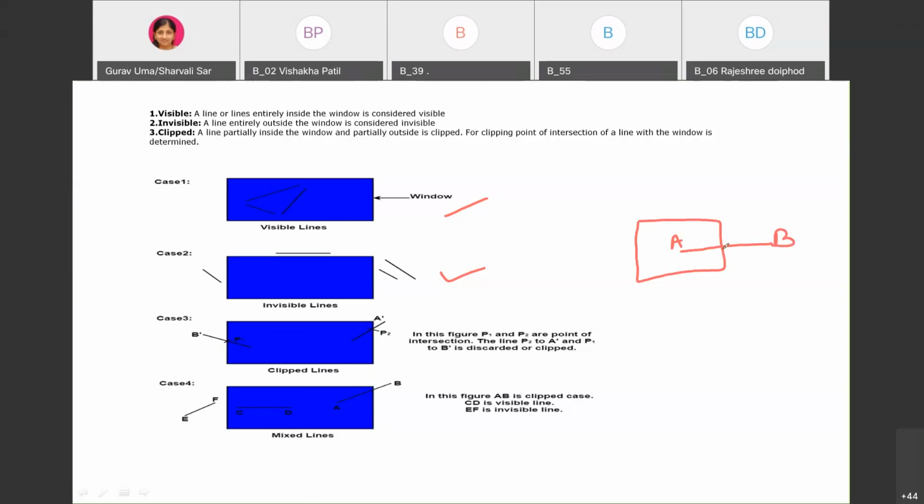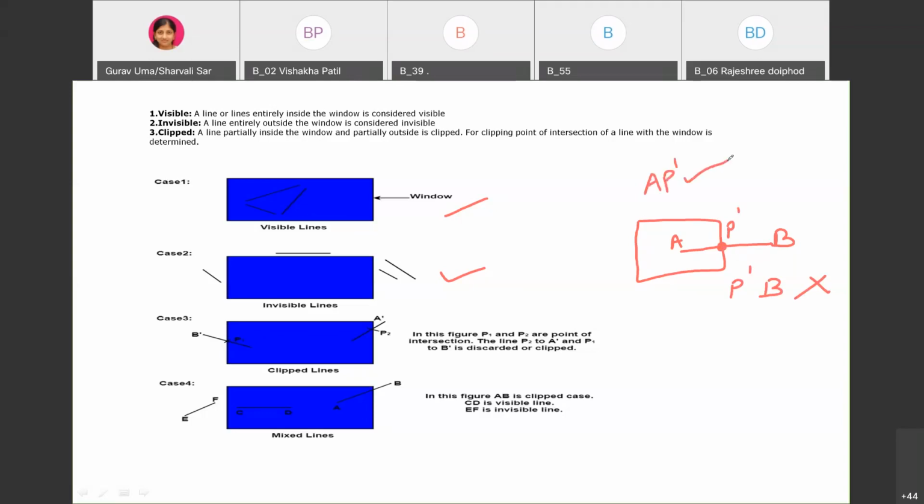I will consider it as P dash. So P dash to B will be discarded because it is outside of the window, and A to P dash line will be kept.